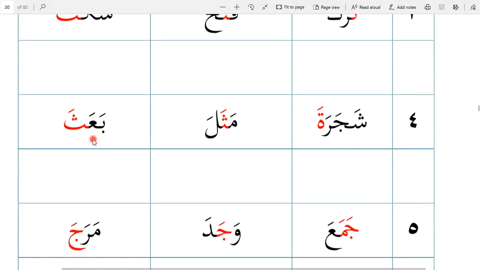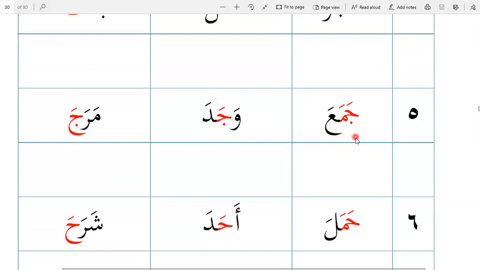Ba, a, tha. Ja, ma, a. Wa, ja, da. Ma, ra, ja.